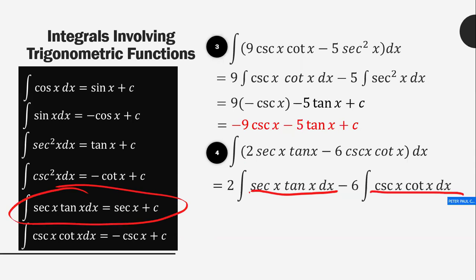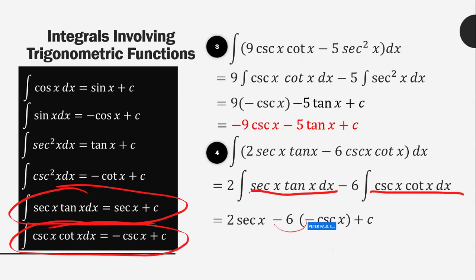And cosecant x cotangent x dx is this one. So the answers will be 2 secant x minus 6 times negative cosecant x plus c. We multiply negative times negative so that the final answer will be 2 secant x plus 6 cosecant x plus c.